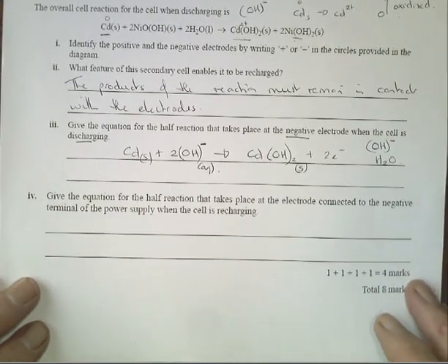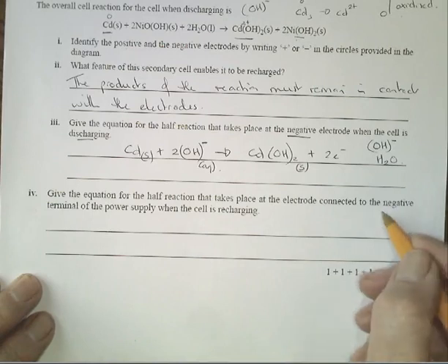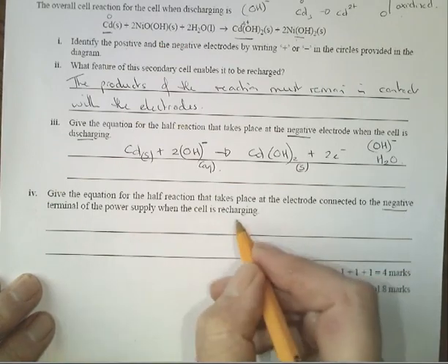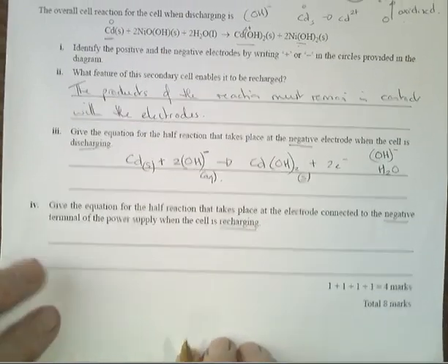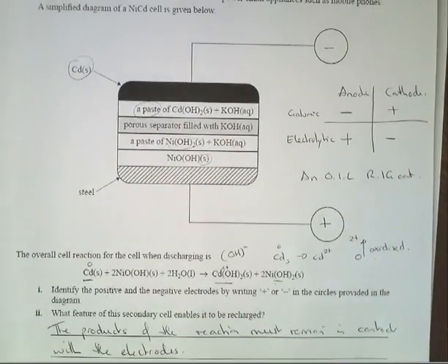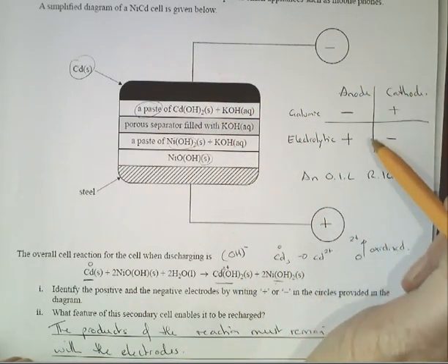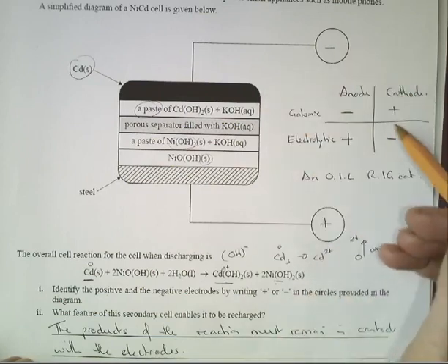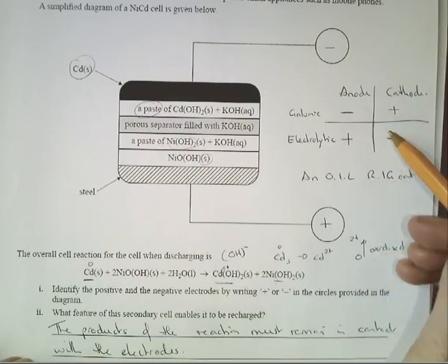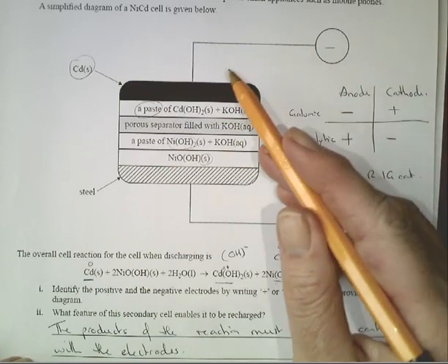Alright, give the equation for the half reaction that takes place at the electrode connected to the negative terminal when it's recharging. So when it's doing the opposite. So we can see when it's discharging, this is negative. Oxidation is the loss. So when it's recharging, the cathode, when the electrons are coming back in.